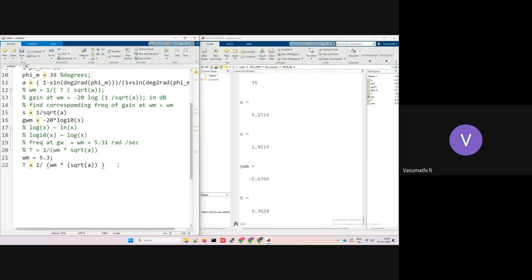Now I found T, I'm just commenting it out. T is equal to 0.36, whereas my alpha is 0.27.